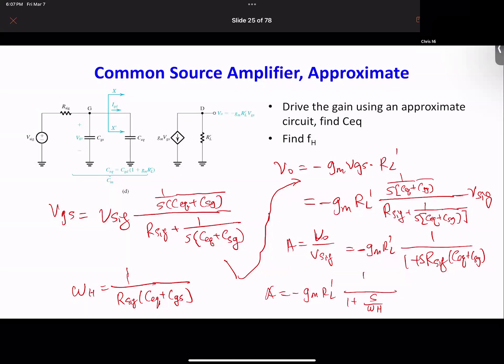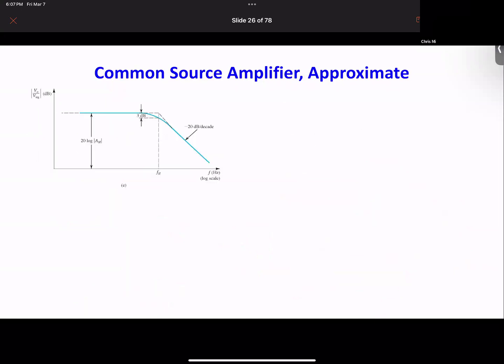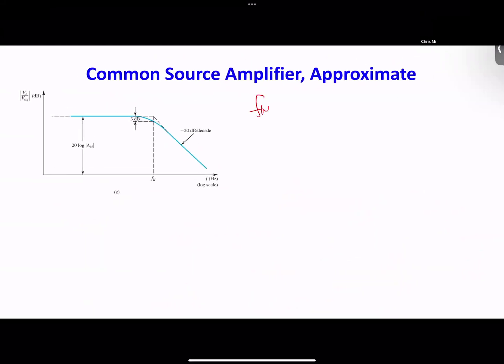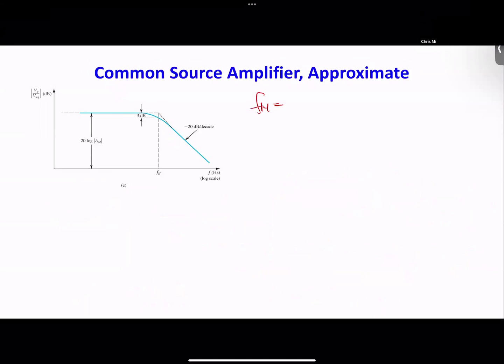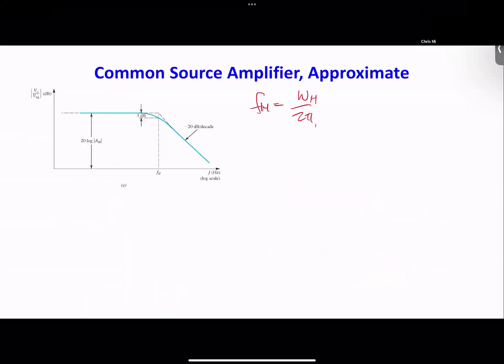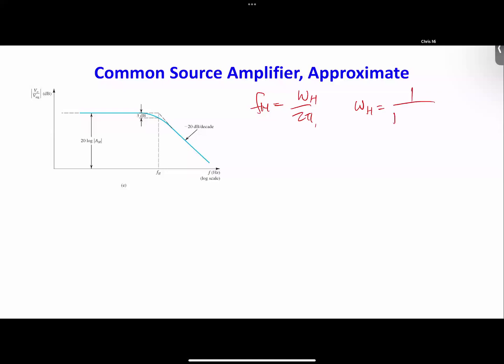If we plot this thing, you'll find that below the 3 dB frequency, you really get the midband gain. And at the 3 dB point, you get FH equal to omega H over 2 pi. We've already found omega H is equal to 1 over RSIG times (CEQ plus CGS).